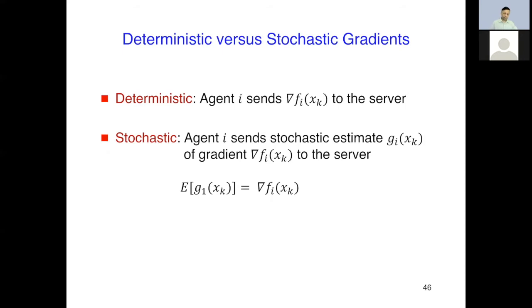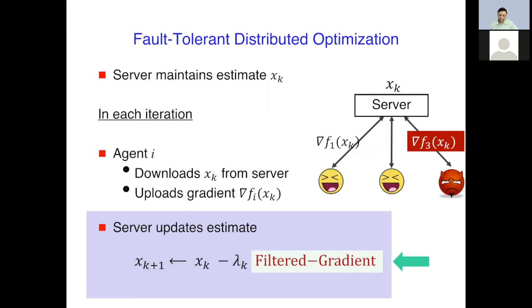I should point out that in this particular example, the gradients being uploaded are the exact gradients of the cost functions, meaning agent one is uploading the exact gradient of cost function f1 at estimate xk, and similarly agent two, and so on.